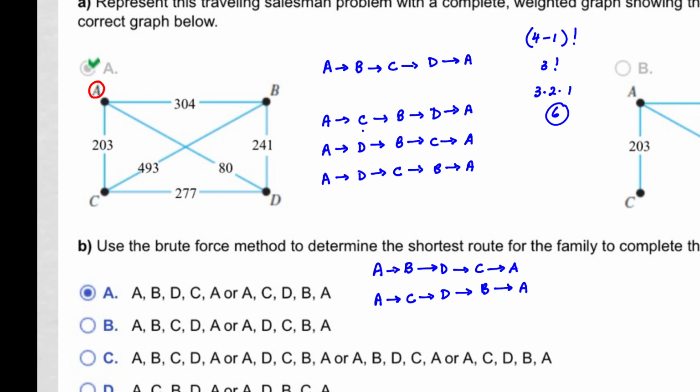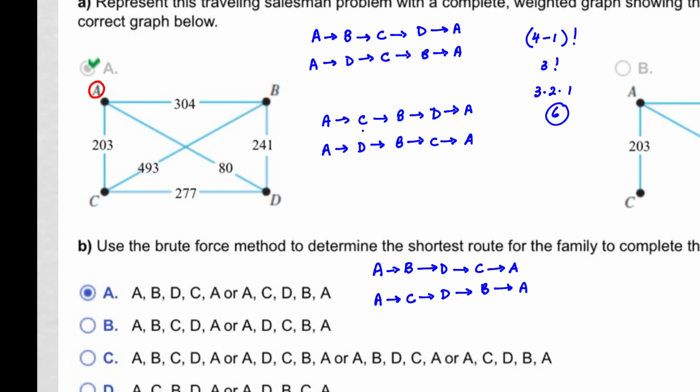And let's see, what else do we have? We have A to B to C to D to A, and that's going to be the same as A to D to C to B to A. So I'm going to select ADCBA and pair those together.